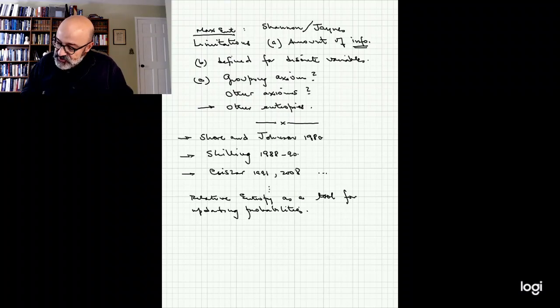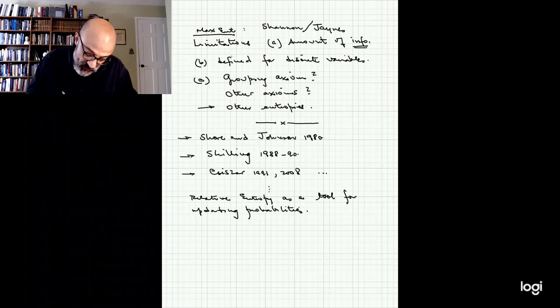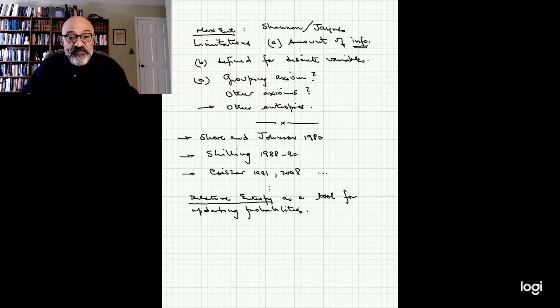Very good. So one of the things we're going to do is try to derive a concept of entropy, of relative entropy, as a tool for updating probabilities. And one of the things that we're going to do that's completely different from the way that people normally do things in physics is the following.